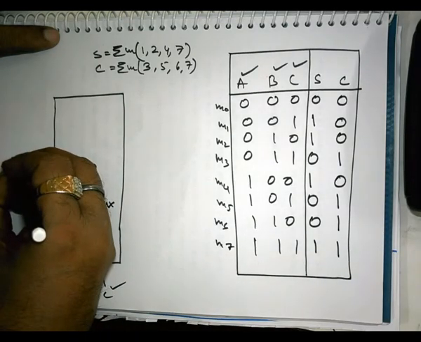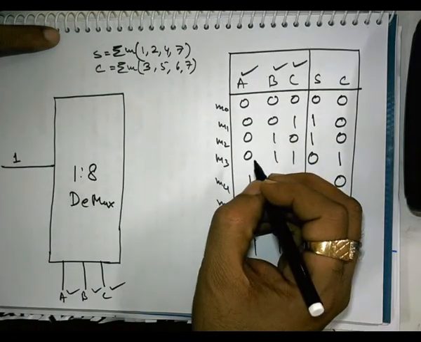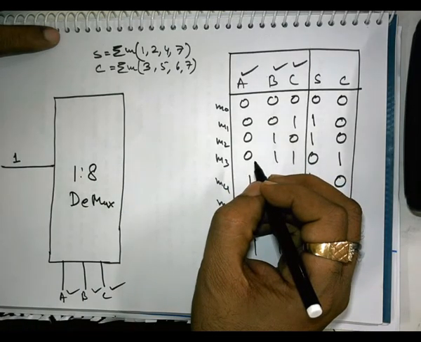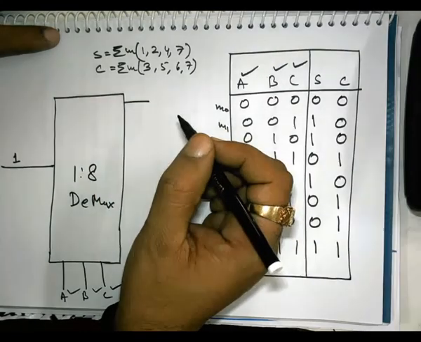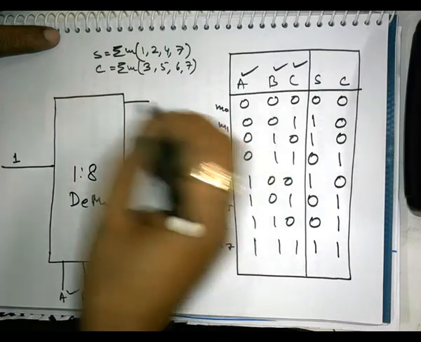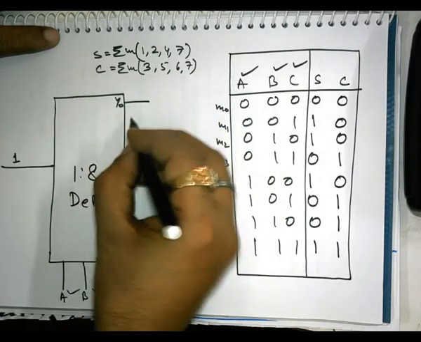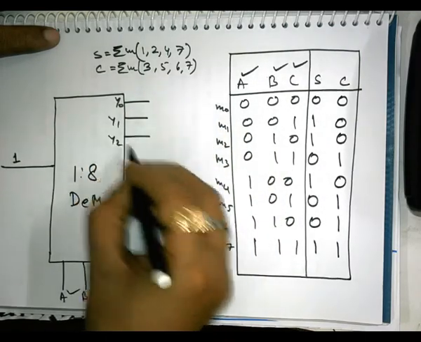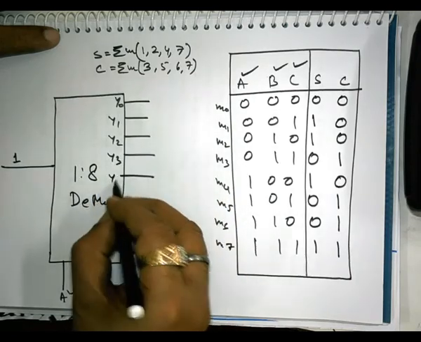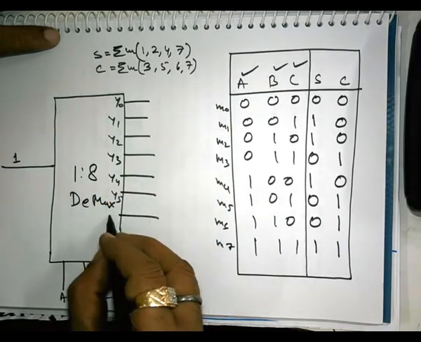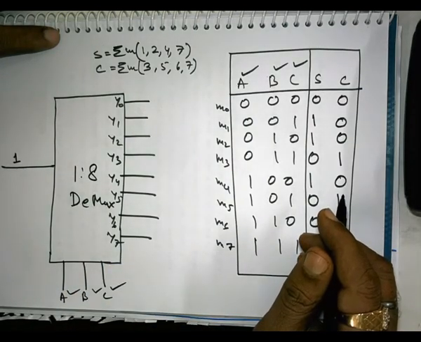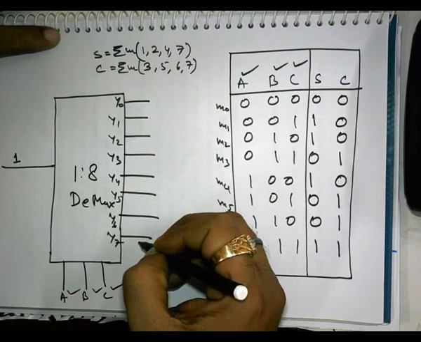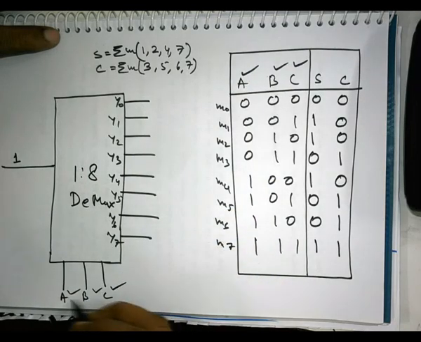And at the data line I am sending a 1. Now if A, B, C is 0, 0, 0, 1 will appear at this output line. Say this is Y0, Y1, Y2, Y3, Y4, Y5, Y6 and Y7. So 1 will occur at the corresponding line, when the corresponding select input is applied over here.